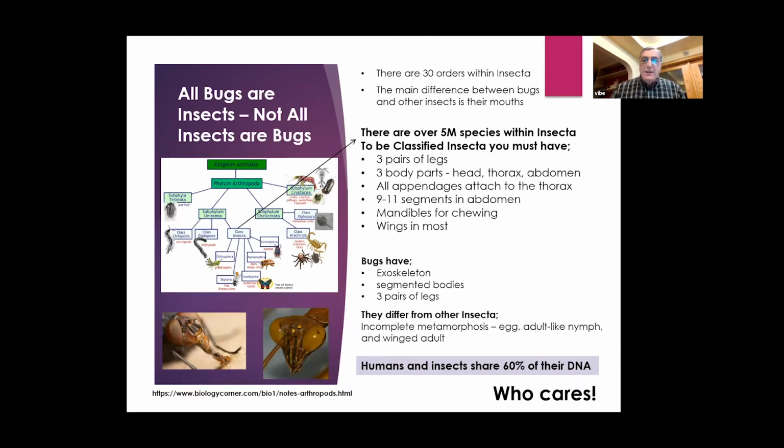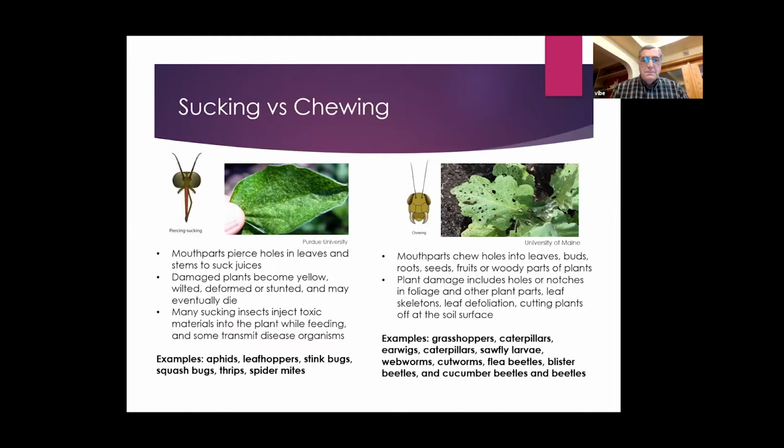Okay, next slide. So what we're essentially talking about is that in Massachusetts, there are something like 10,000 insect species.